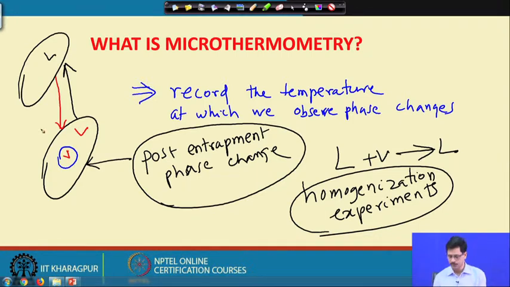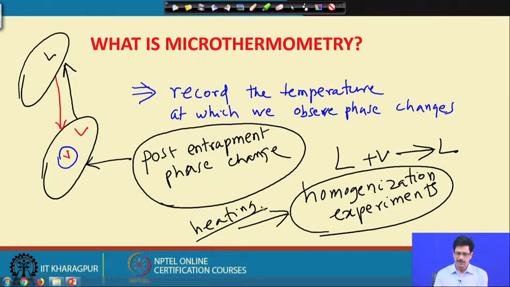We would have to bring them to a state of homogeneous condition, and we are able to achieve that by heating it. So, we will see what exactly we do for that.